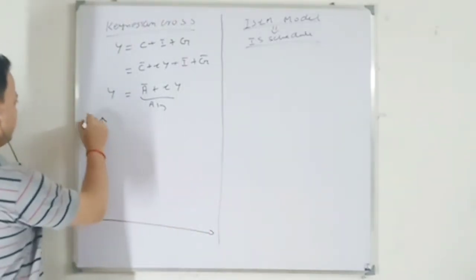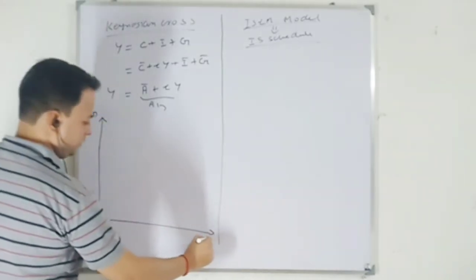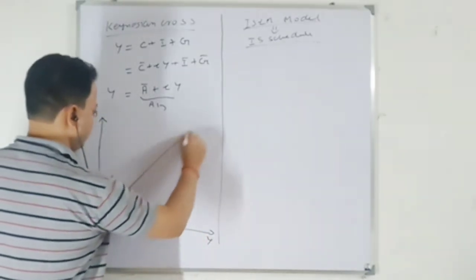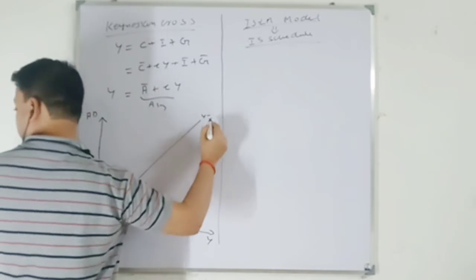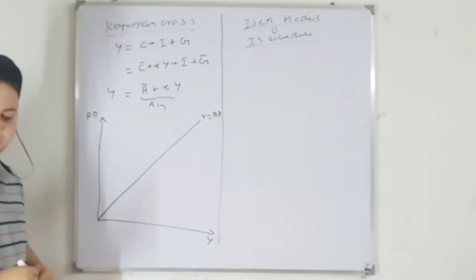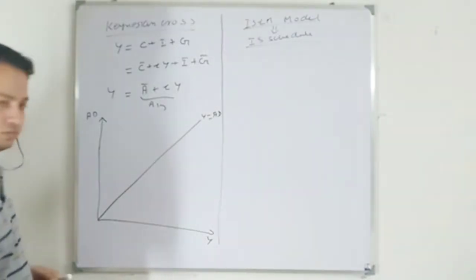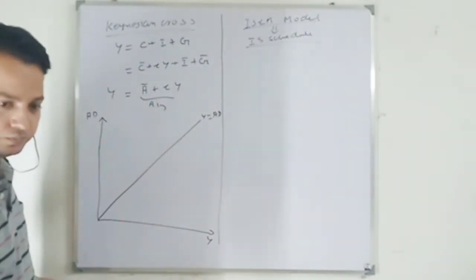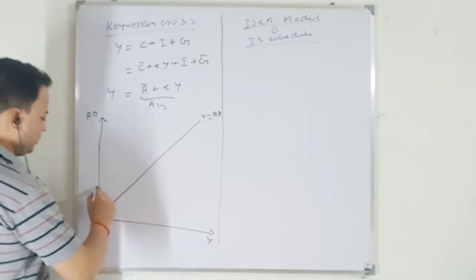So here you have aggregate demand, here you have output. This is the 45 degree line, Y equal to AD.